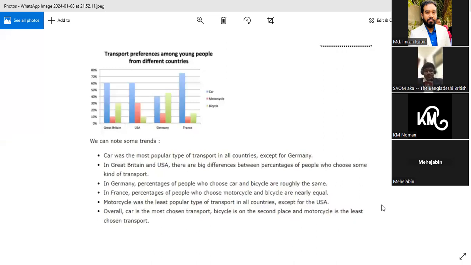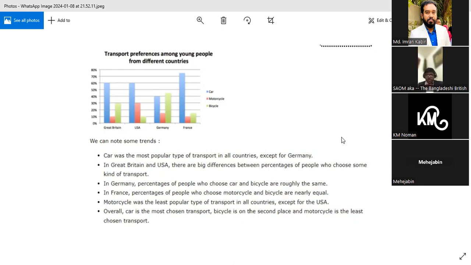So this is a graph and chart. You can see this is a bar graph. So let's start. Yeah, so at first, if we look at it, we can see there are four places: Britain, the USA, Germany and France.